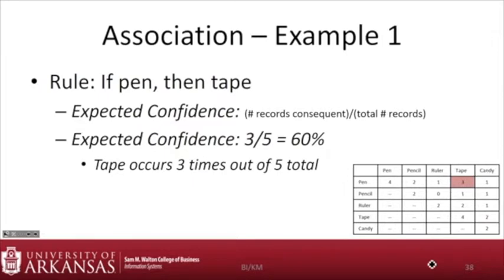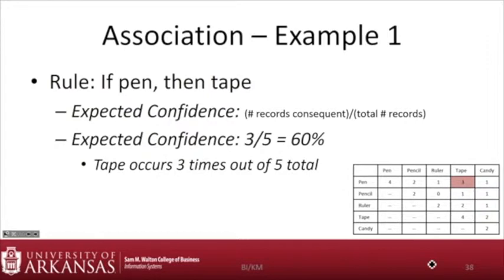The consequence, it's just tape alone. So the consequence in this case is just tape. So how many times does tape happen without anything to do with pens? No, so tape happens 3 times out of the total number of records.